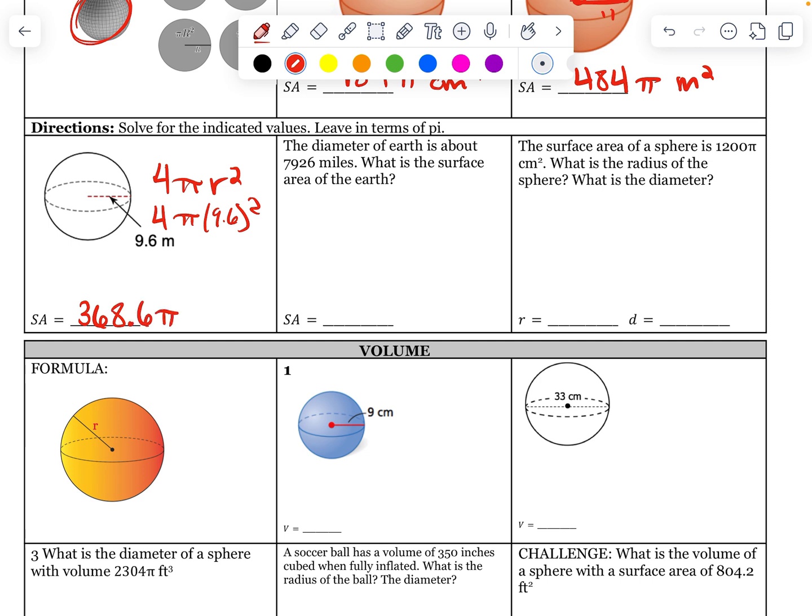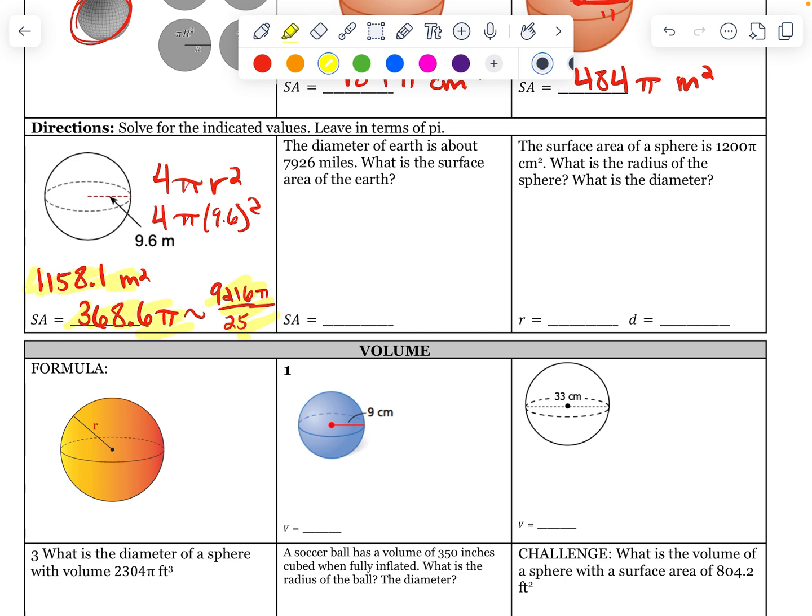If I make that into a fraction, it's going to be 9216 over 25 pi. Or if I just go ahead and multiply that times pi, the decimal form is about 1158.1 meters squared. I told you to leave it in terms of pi, but all of these would be meters squared, and all of these are correct answers. It's just different forms: fraction form, pi form, decimal form.